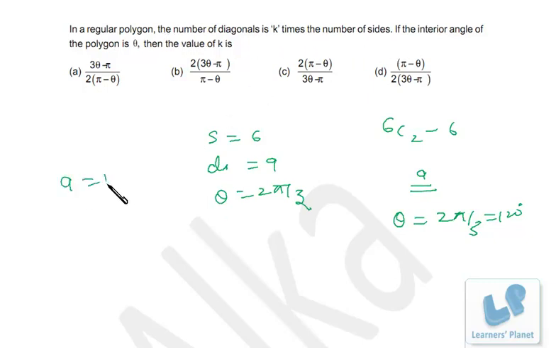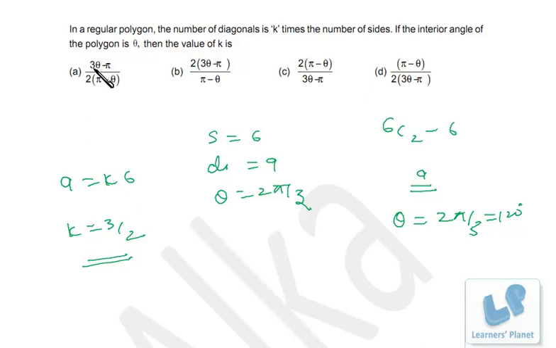That means 9 is equal to k into 6. That means k is 3 by 2. Now we have the values of s, d, θ and k, right? In any of the options, if we put the values of s, d and θ as the values that we have calculated, and we get the value of k as 3 by 2, that will be the correct choice, right?